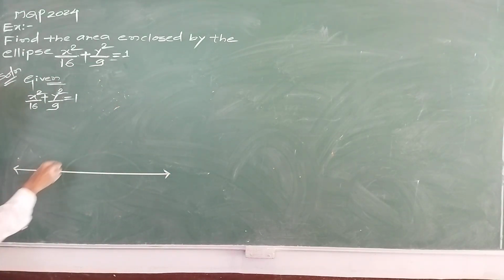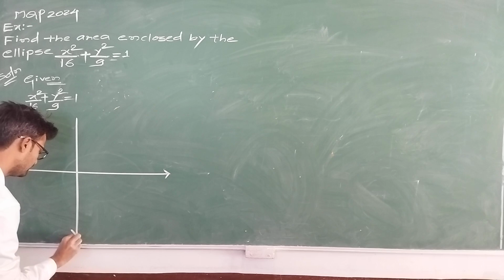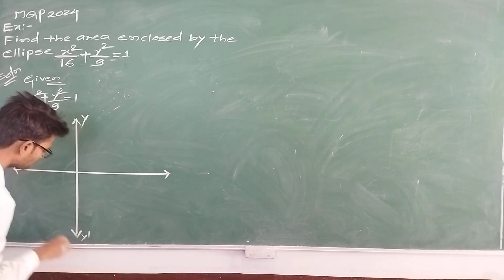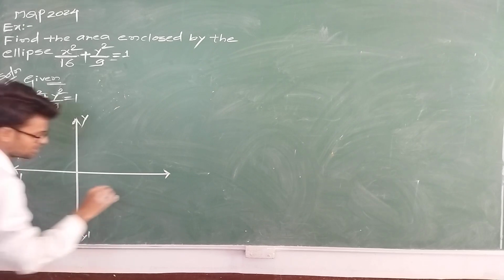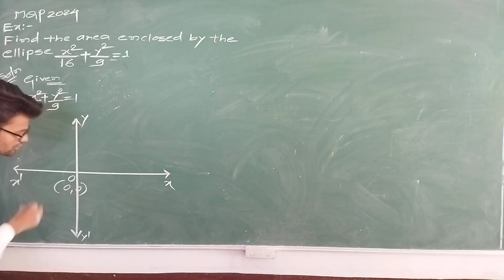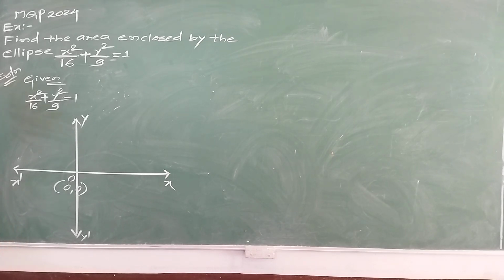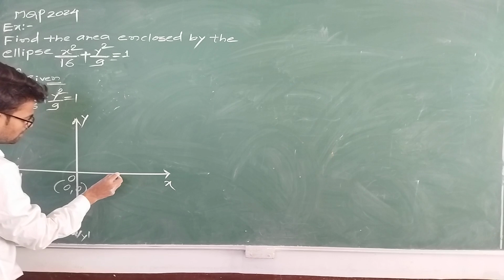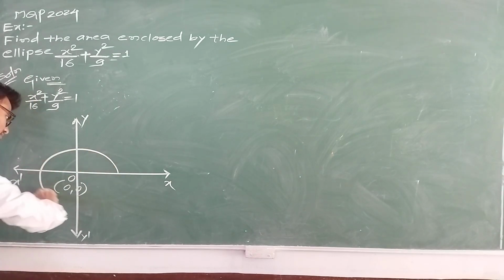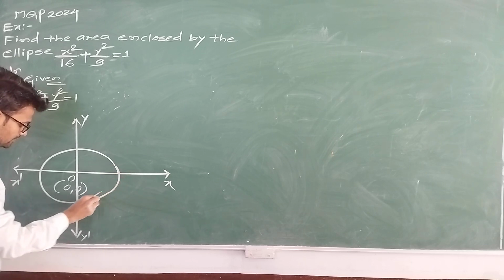See, this is the y dash, y axis, this is the x dash, x axis. The point of intersection of both axes is the origin, O is the origin and its coordinates are 0, 0. Now I will draw the elliptic curve here.